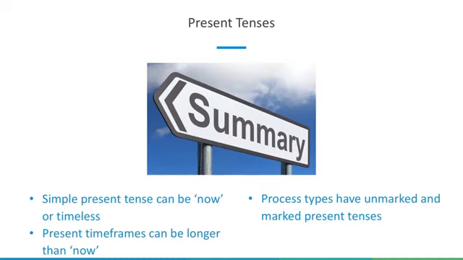In this lesson, I have shown you 3 process types and their marked and unmarked present tenses. I've also mentioned that the simple present tense can have 2 meanings. It can be the timeless present tense, and it can also be a present time frame.